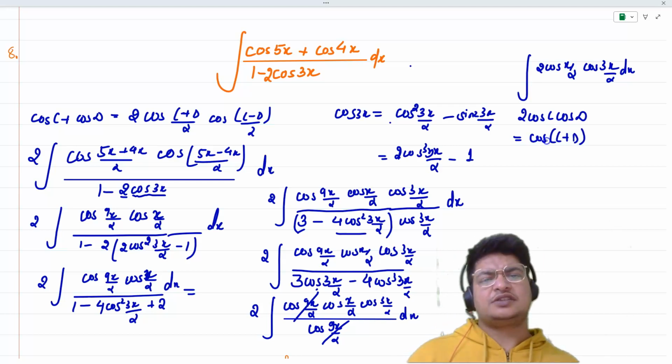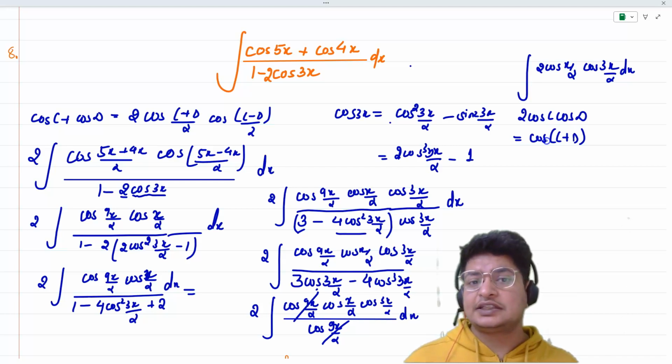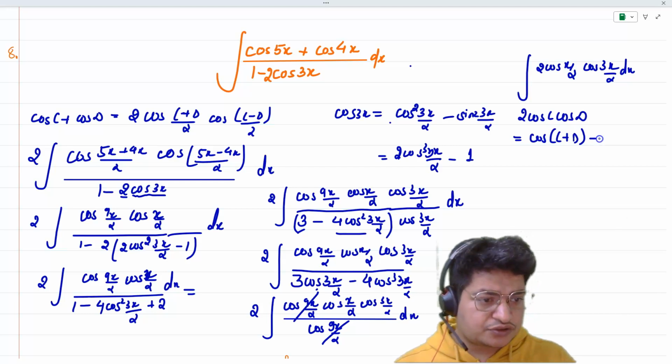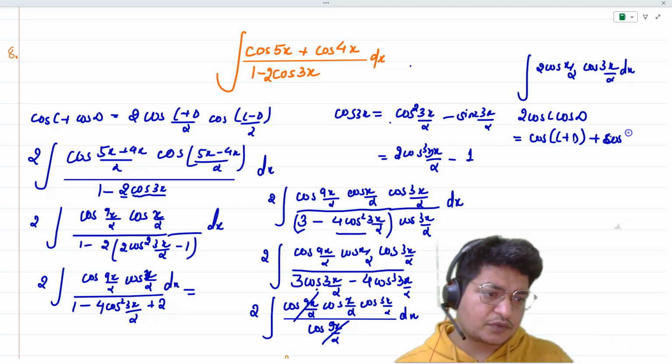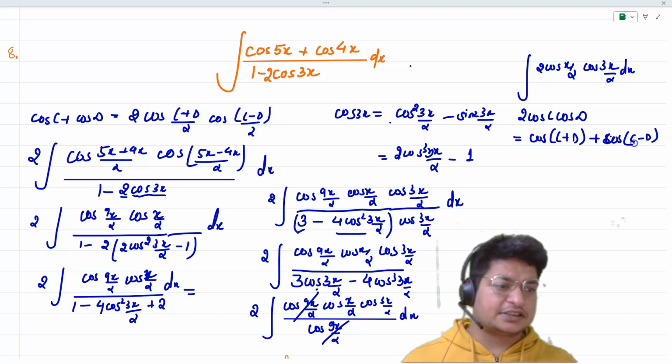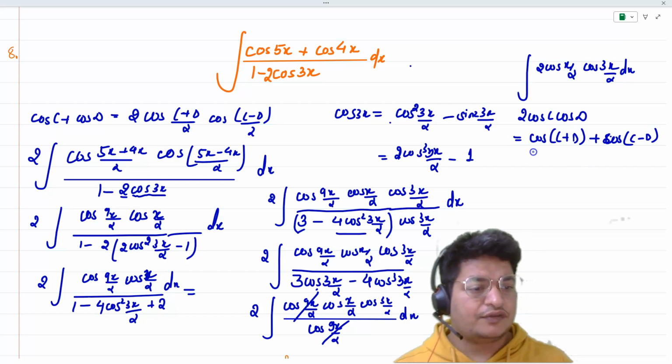In cos (C plus D), if you expand, you will get minus sine C sine D, which means the next one should be added such that the negative gets cancelled with the positive one. Now we will get this value.